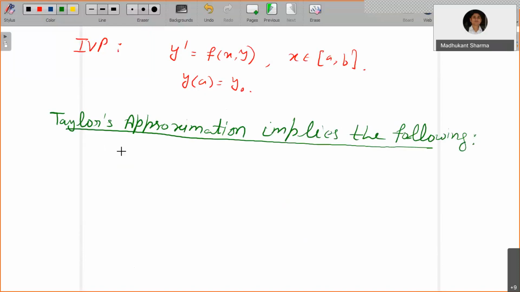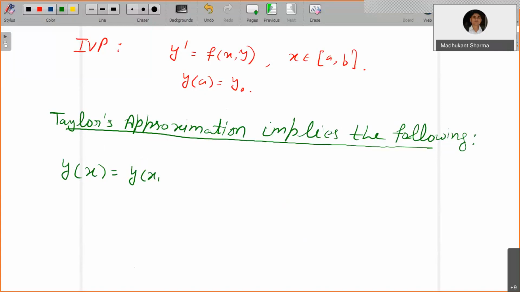So you are going to approximate y about the point x naught. Certainly it requires the differentiability of the function f. Okay, so let's assume that it's sufficiently differentiable as many times as we require. Let's say the second derivative exists, or it is two times differentiable.